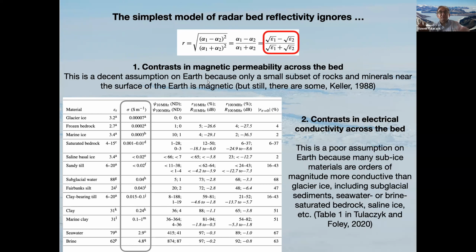But still, there will be cases where there's going to be magnetic materials beneath ice. We know that there are magnetic metal ores on Earth.